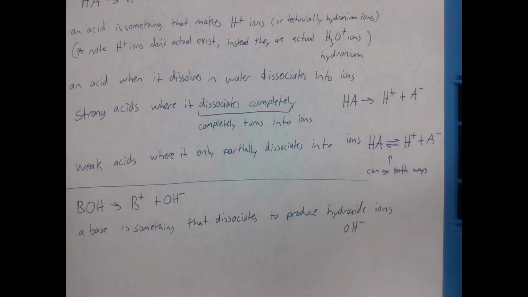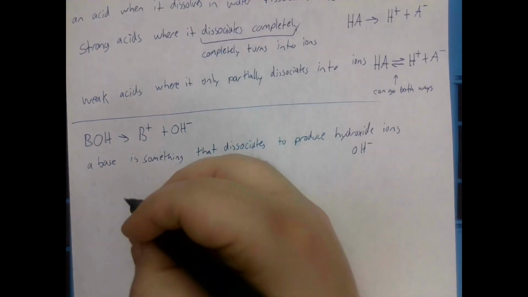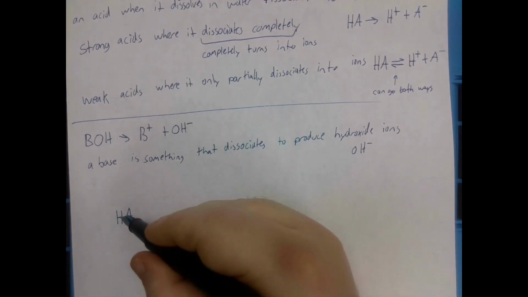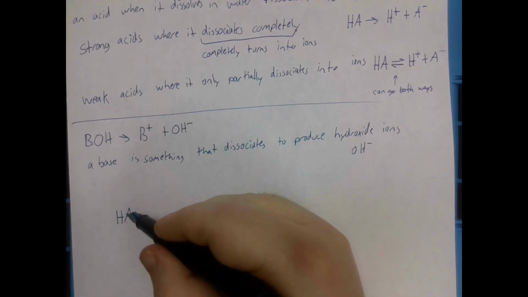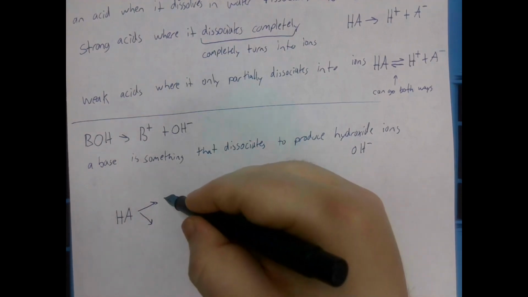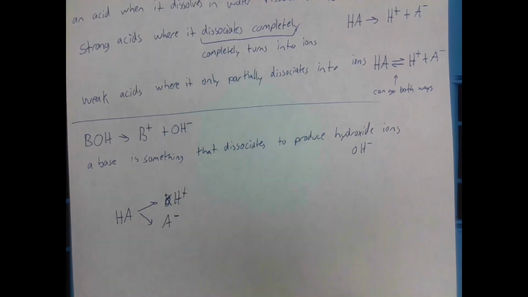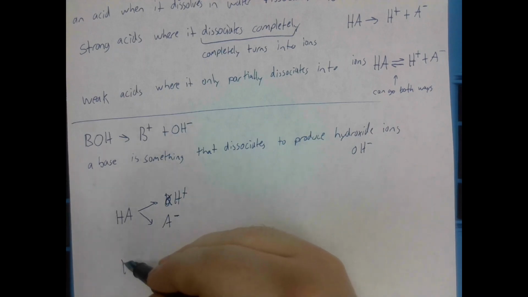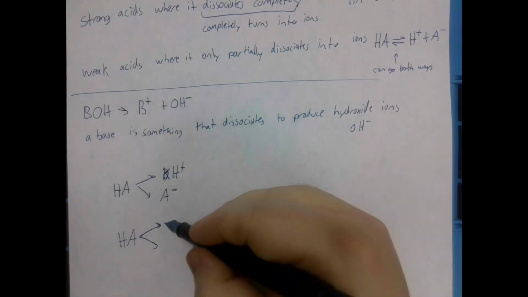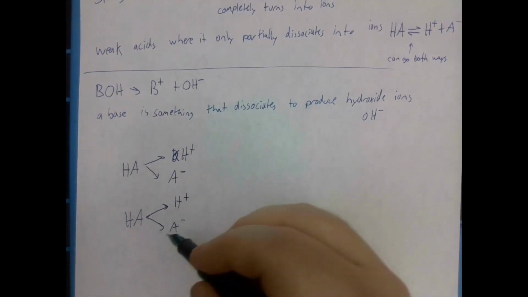So what's happening in a weak acid is we have hydrogen and some anion together, and it's going to break apart into H plus and A negative ions. We have multiple molecules of the acid, and they're going to break apart into ions.